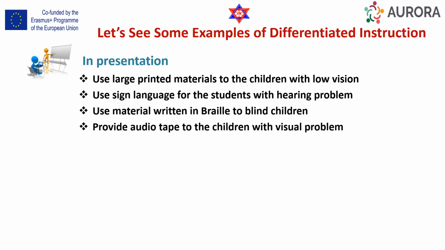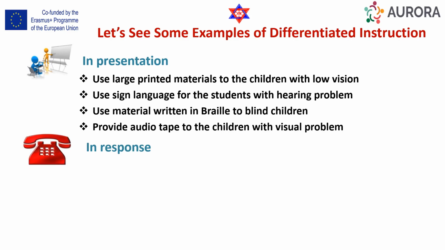In presentation, using large printed material for children with low vision, using sign language for learners with hearing impairment, using material written in braille for the blind student, and providing audio tape to children with visual impairment are some examples of differentiation that can be applied in our classroom.